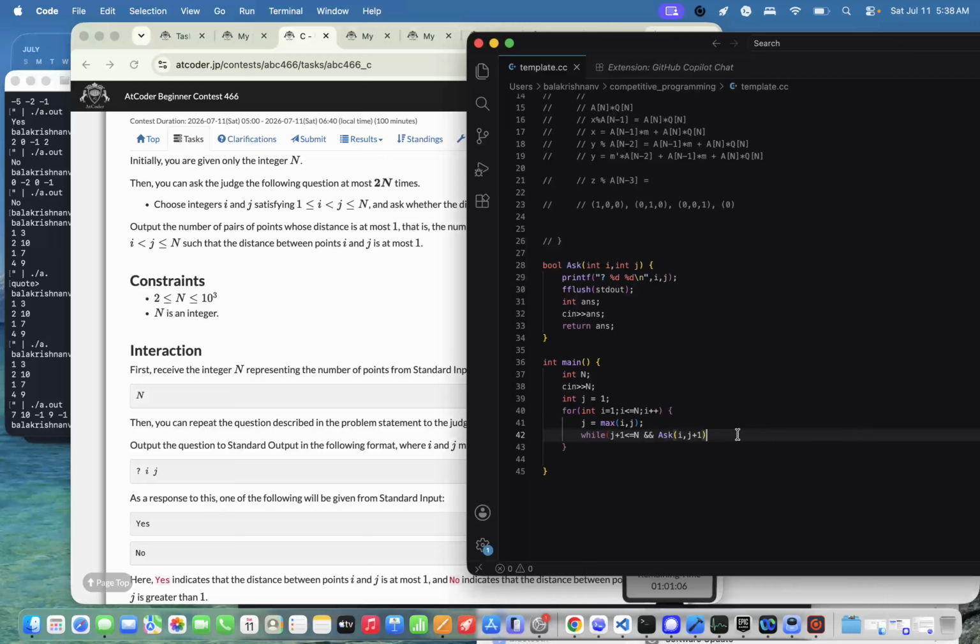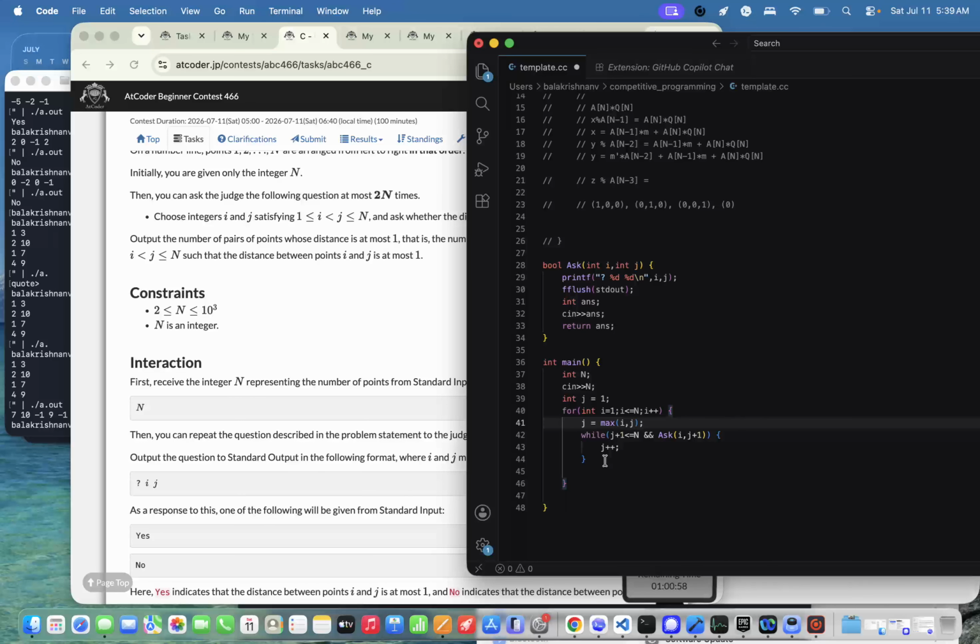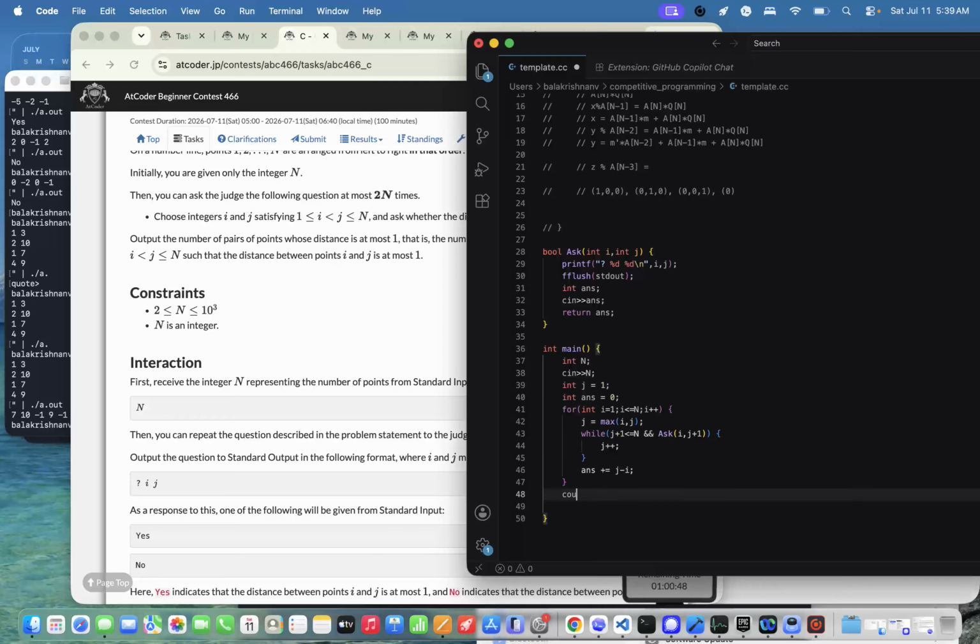X of I comma j plus plus, then from I to j everything, number of pairs of integers, I to j minus I. Cout endl.